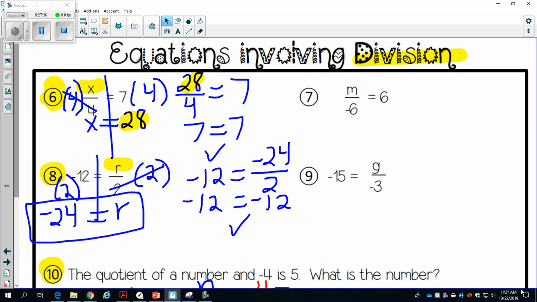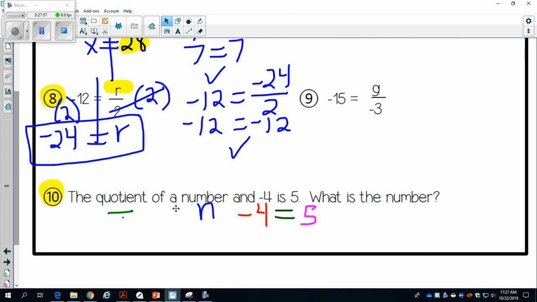We're going to use equals for is, and then we're just going to write that 5. So, the quotient of a number and negative 4 is going to be equal to 5.